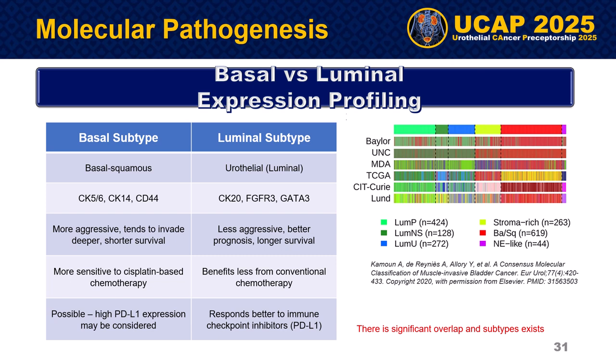Knowing whether a tumor is luminal or basal can help decide who should get chemotherapy before surgery and who might benefit from immunotherapy as well. However, it has to be noted that there is often significant overlap in subtypes, and further studies are required to confirm its usefulness.